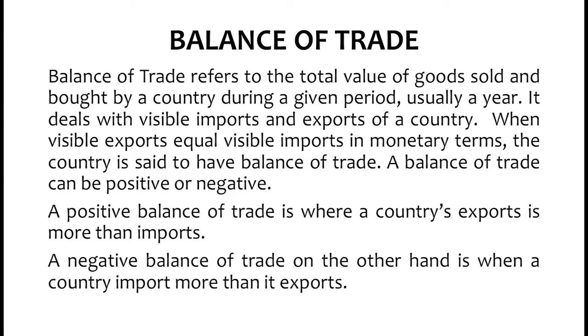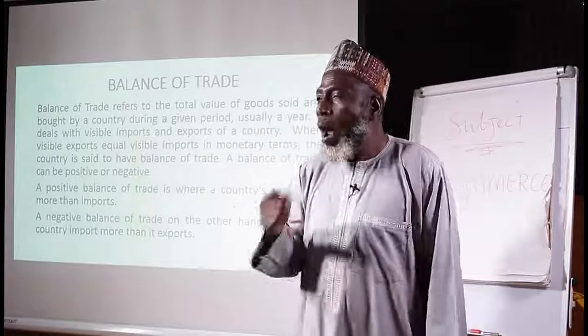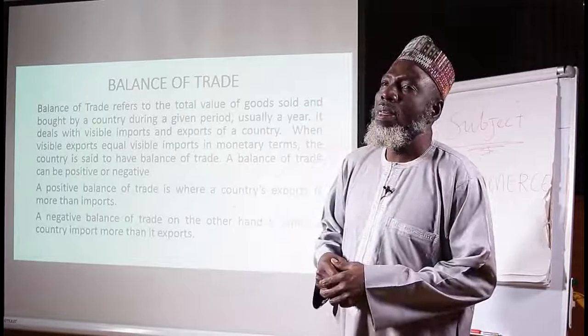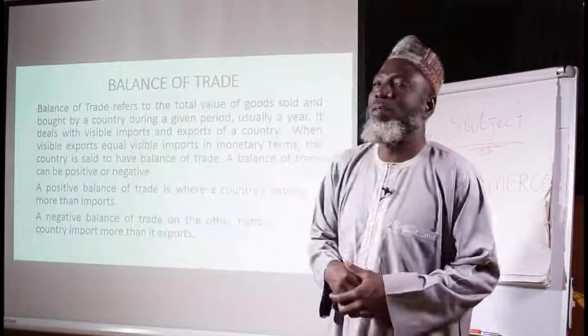A positive balance of trade is where a country's export is more than import. Then a country is said to have a positive balance of trade or a negative balance of trade. A balance of trade is said to be positive when a country exports more and imports less.